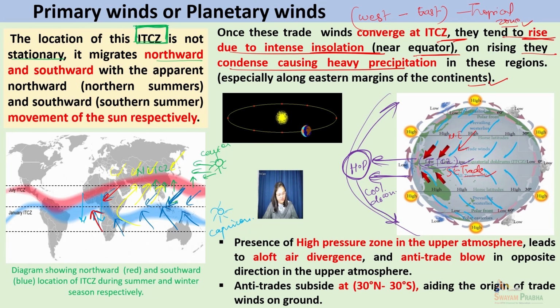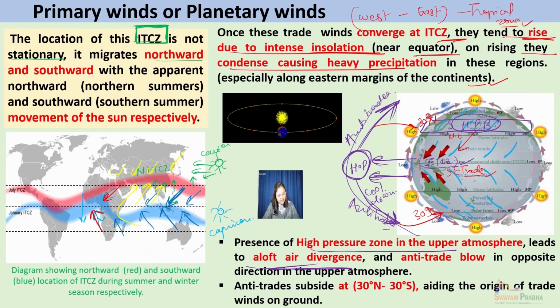So the high pressure zone in the upper atmosphere leads to aloft air divergence, leading to the formation of antitrades which blow in opposite directions in both hemispheres, and these antitrades subside at 30° north and 30° south in both hemispheres, leading to the formation of the high pressure belt.